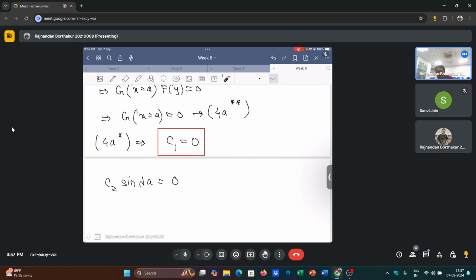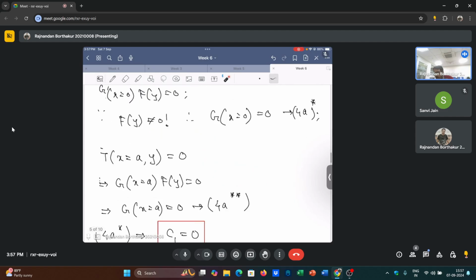This means I have two possibilities. Either C2 can be equal to 0, or sine lambda a can be equal to 0, or both. Now, we'll discard that both cannot be equal to 0. This means either this can be 0 or this can be 0. If C2 is equal to 0, and we already know that C1 is 0, then C1 and C2 are both 0.